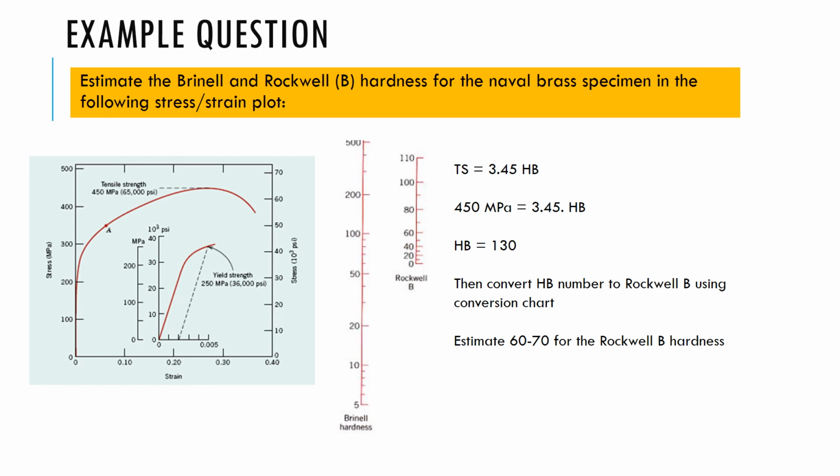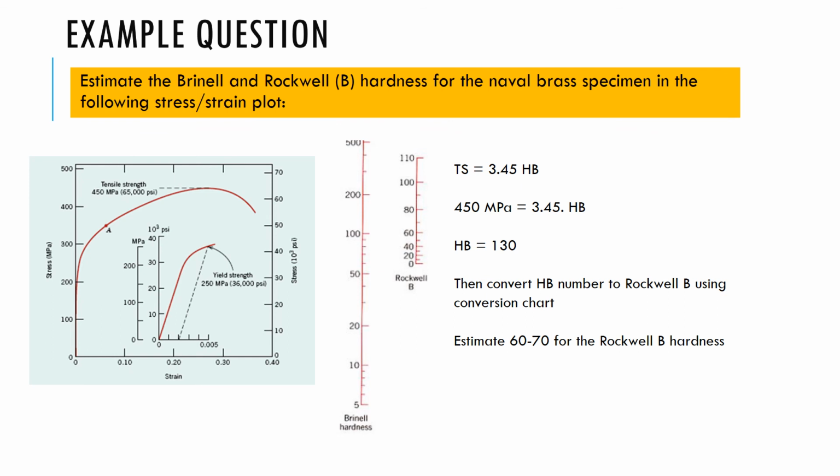There's a quick example question here. It asks you to estimate the Brinell and Rockwell hardness for a naval brass specimen in the following stress strain plot. If you look back on the previous slides, you'll see that it's possible to interconvert between tensile strength and the Brinell hardness number.